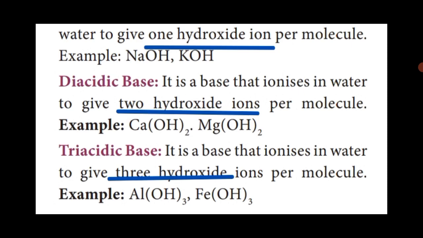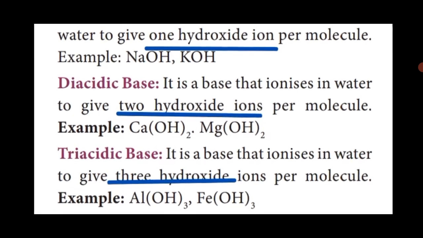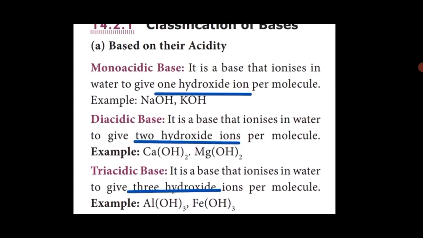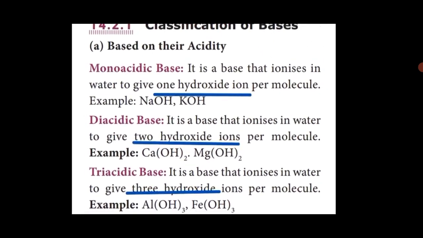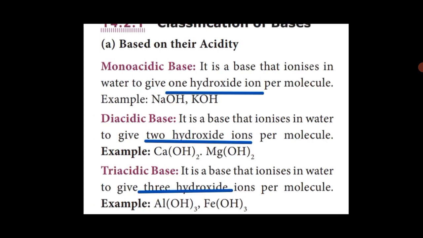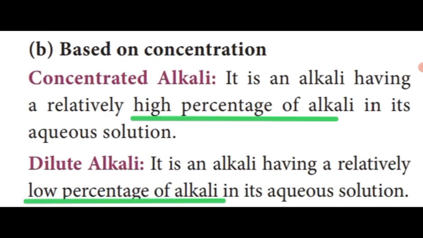When these substances are dissolved in water, they release 3 OH groups. So it is called a triacidic base. This is the classification based on acidity. What is acidity? The number of replaceable hydroxyl groups in 1 mole of the base is called acidity.